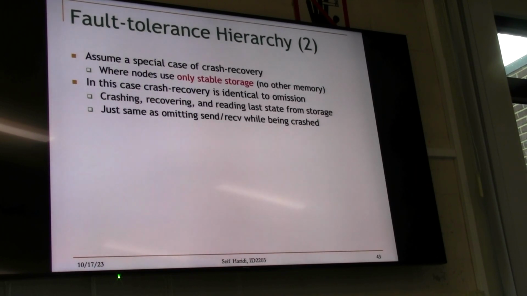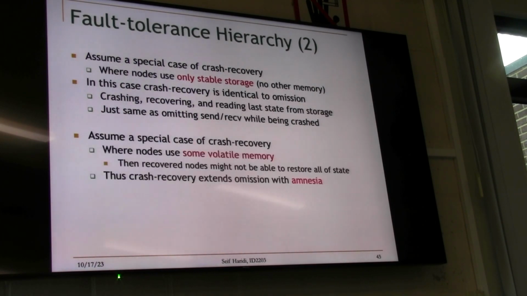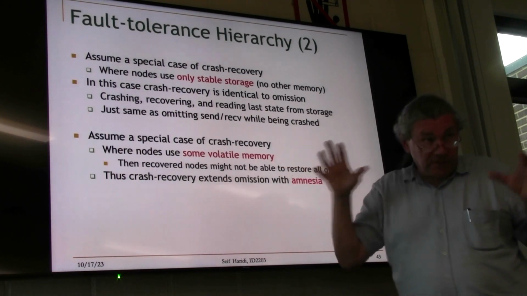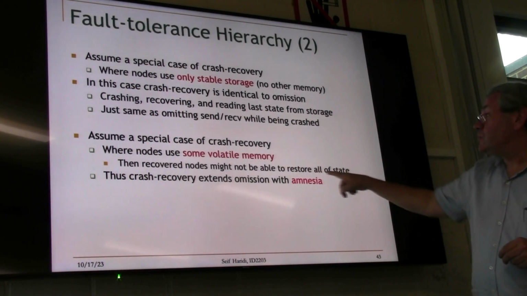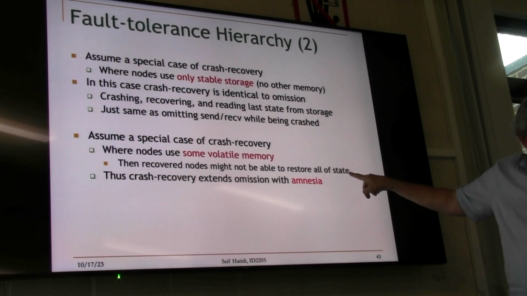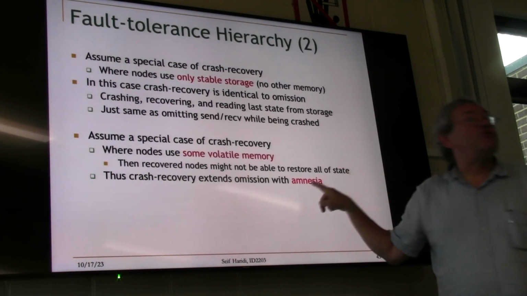Okay, so that's one thing. But crash recovery is more than that. Crash recovery also has RAM memory, volatile memory, which disappears when it crashes. That means when the node recovers, it can't recover all the state. It forgets something, some kind of amnesia.